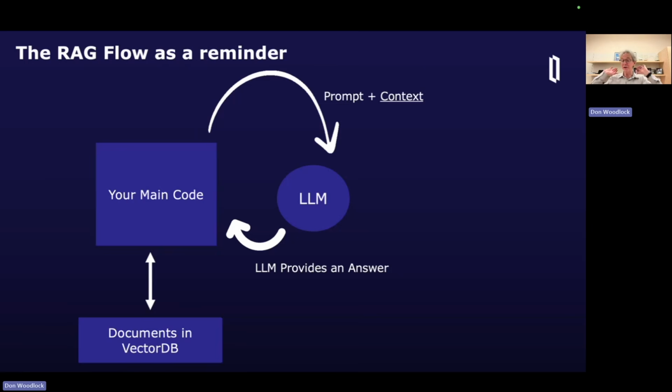And then you provide this whole bolus of the prompt, any instructions, and all the context that you got from the vectorized database to the LLM and say, please answer this question given this context. The LLM has one shot, answers the question, and then you show it to the user. And so that's been the RAG approach that we've been using the last couple of years.